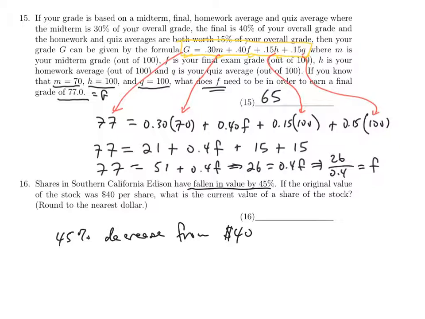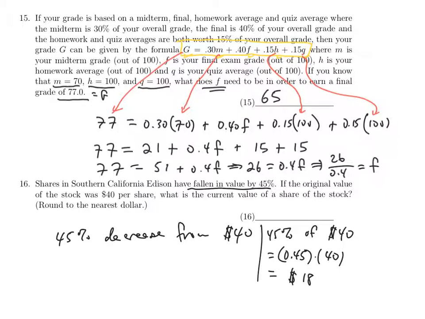So it's 45% decrease. I'll just write over here, 45% of $40 I can figure out by using the proportion. Remember, the proportion version of 45% is 0.45 times 40, and 0.45 times 40 is $18.